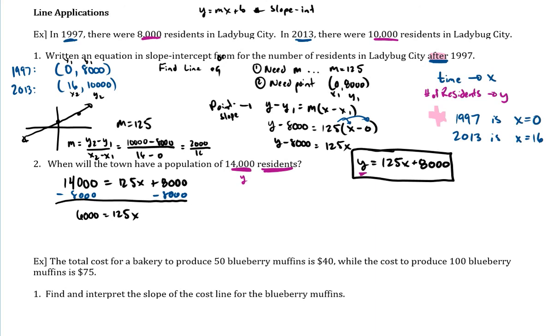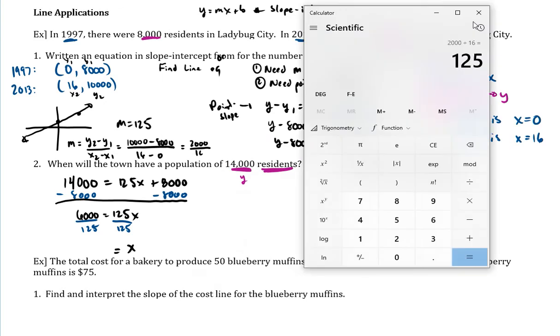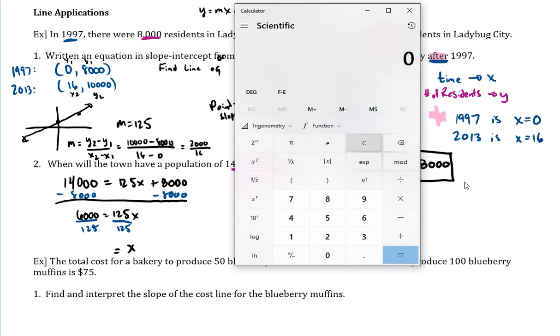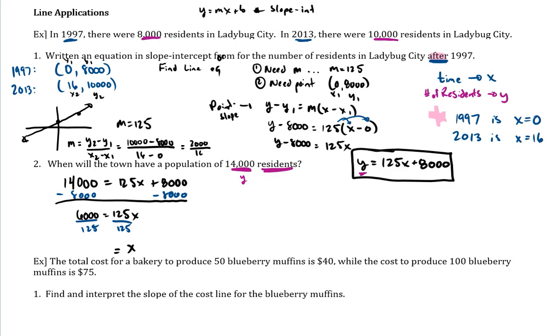And then now we can divide by 125. And that will give us x all by itself. Okay, so back to the calculator. Let's go ahead and just clear. Okay, so 6,000 divided by 125 is 48.